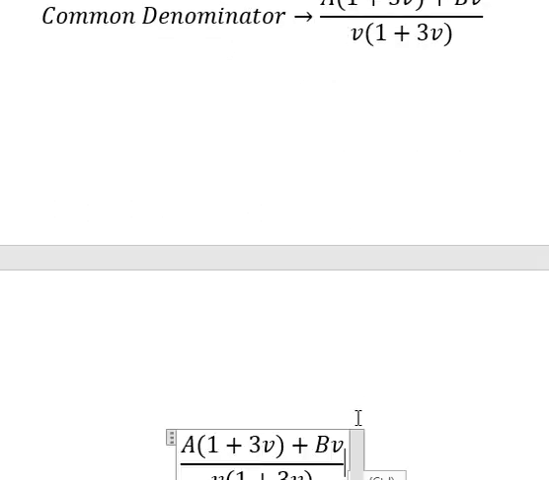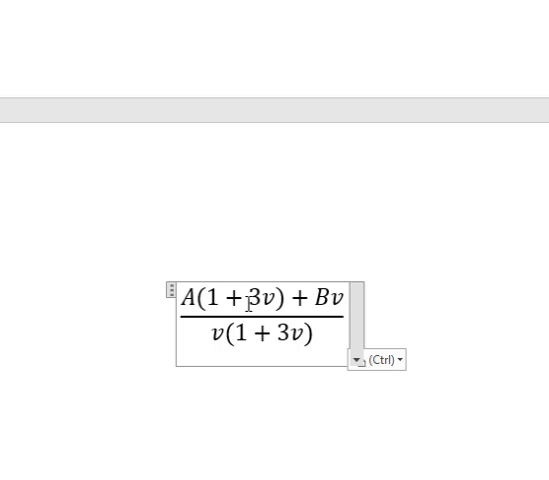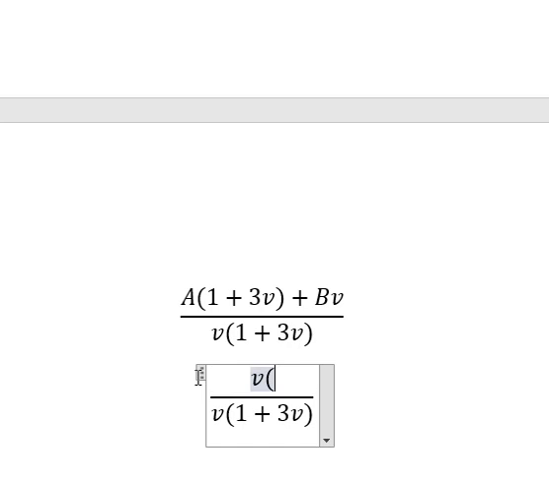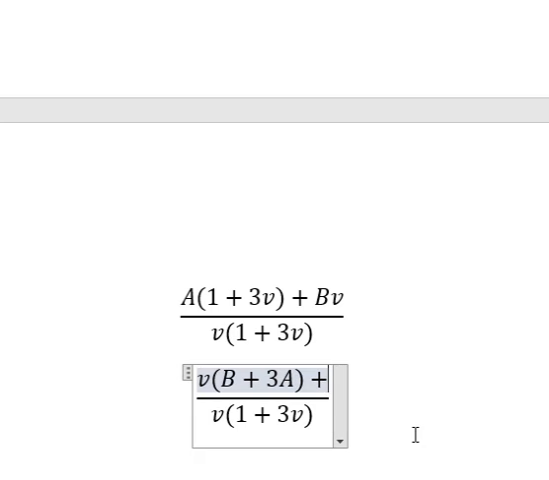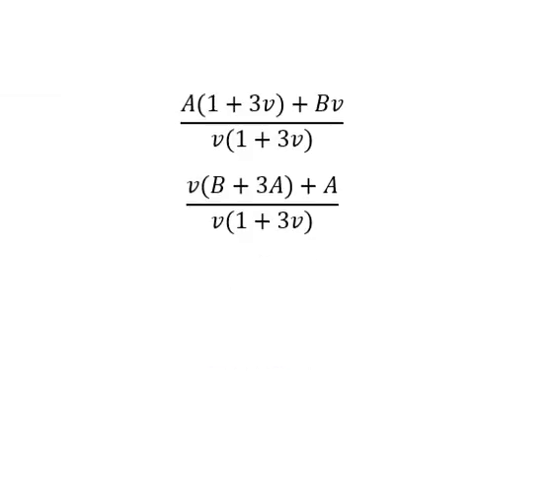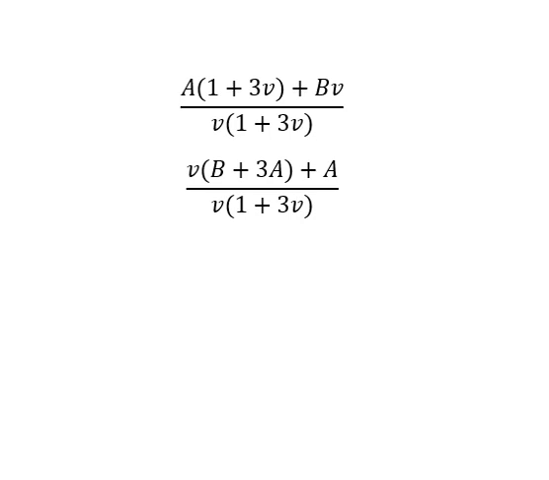And now we need to arrange based on the terms of v. So we have B and 3A in here. About the numbers, we have A. Now we need to compare coefficients.